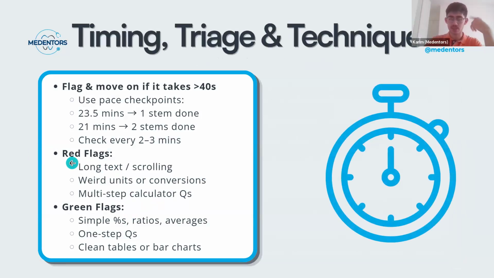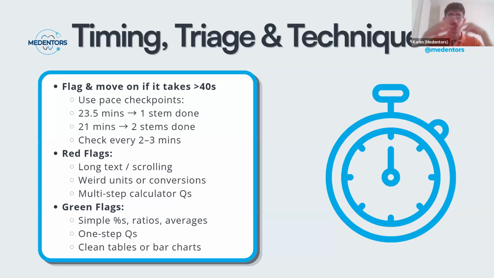The red flag ones are the ones where there's a lot of text. There's multi-step calculator questions. There's weird units. There's just all sorts going on, right? Those ones, if you take 4 or 5 steps and the calculator's clunky and there's certain decimals and there's so much going on, those ones are the harder ones, right?